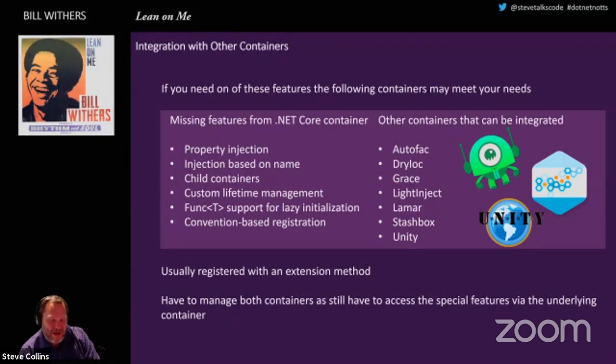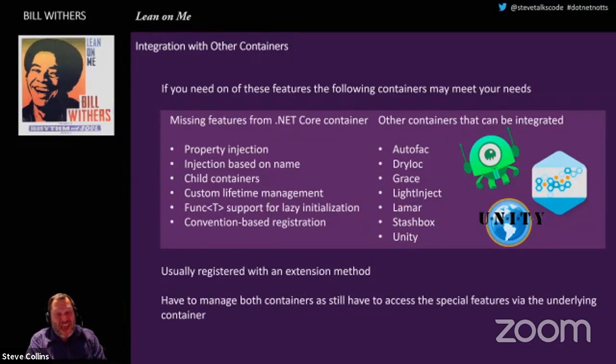Other things, what you'd have to do is if your favorite is say Autofac, then what you can do is you can wire Autofac in. So all the registrations that come through your normal Microsoft container will go to Autofac, but then you've got to go off to Autofac to do the special stuff. So ultimately you end up having to manage two containers and have your code understand how to work with both of them, which does add an overhead.